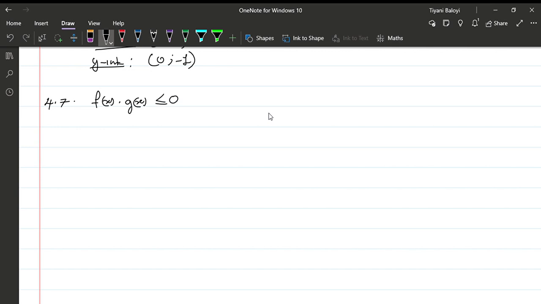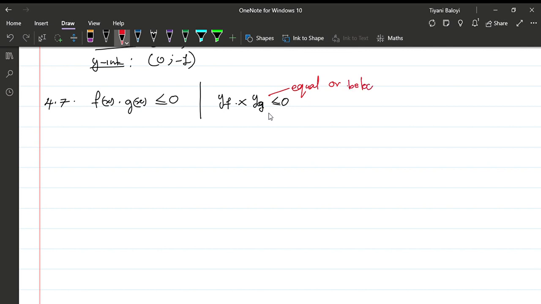So what this actually means is that the y values of f multiplied by the y values of g should give you an answer that is positive or above 0. Oh sorry, it's equal or below 0, because this is below, right?